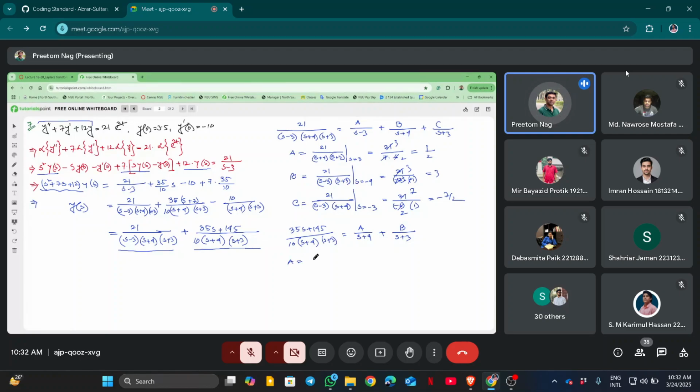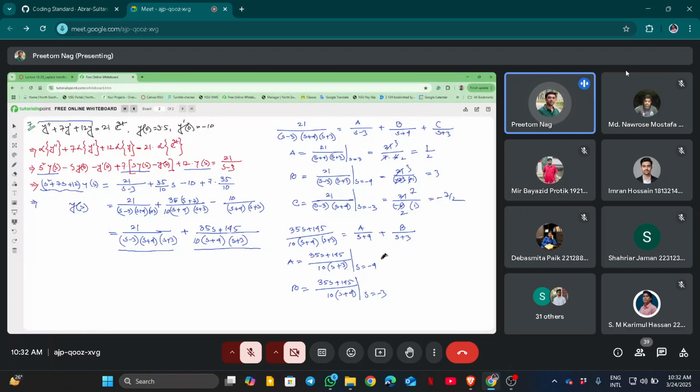Now A can be obtained by (35s + 145) over 10(s + 3), where s equals minus 4. And B will be obtained by (35s + 145) over 10(s + 4), s equals minus 3.